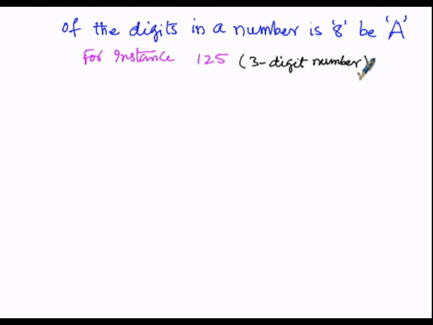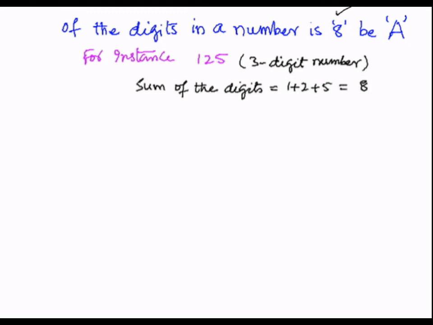Here the sum of the digits is equal to 1 plus 2 plus 5. That is 5 plus 2 is 7, 7 plus 1 is 8. So we must get the sum of the 3 digits to be 8.